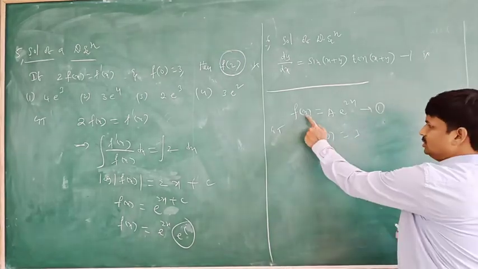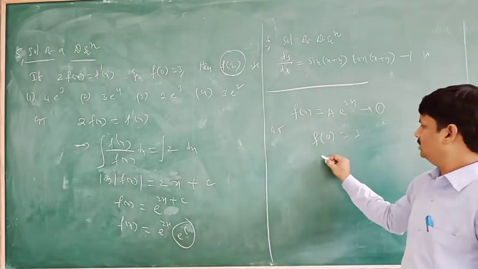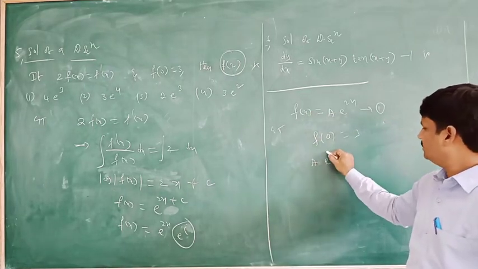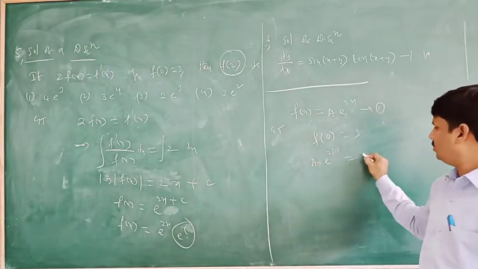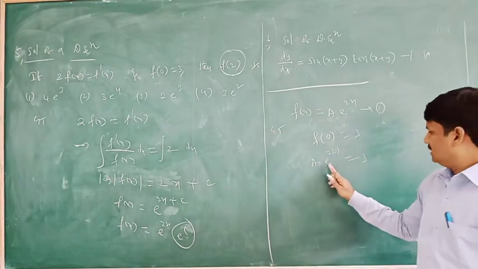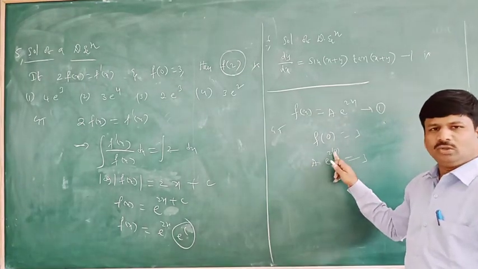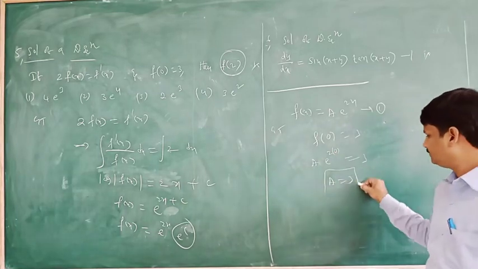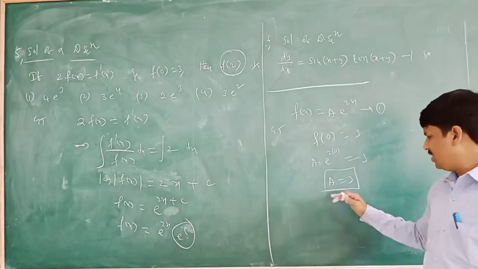Substitute like that also. F of 0 means a into e power 2 into 0 is equal to 3 given. E power 2 into 0 is e power 0. E power 0 value is 1. So a into 1 is a. So a equal to 3. A value 3 you got.